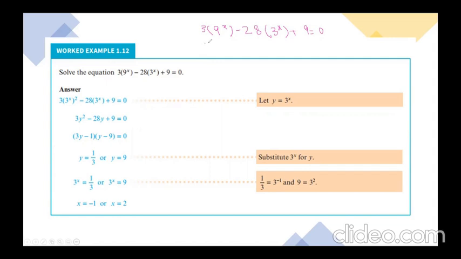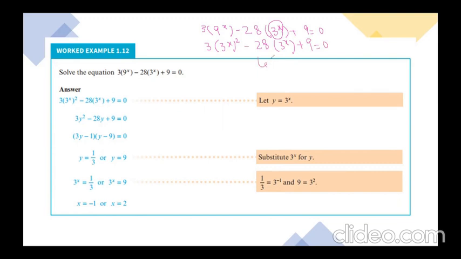So first, we have to arrange the equation with respect to the lowest variable notation. This is 3 power x, so make this 9 power x visible in terms of 3 power x. So make it as 3 power x whole square, minus 28 into 3 power x, plus 9 equals 0.